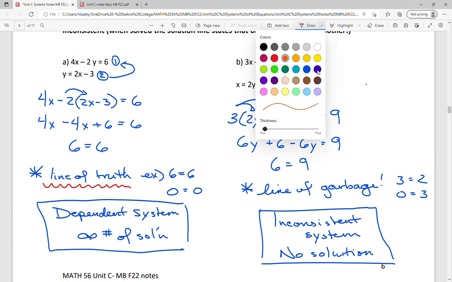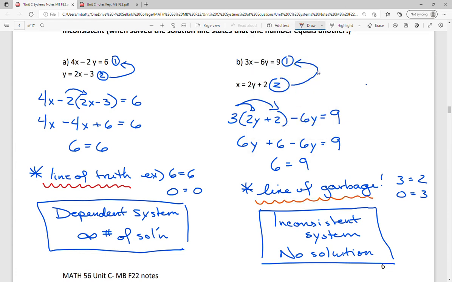So now, as we're using powers of algebra and this substitution approach, this is what you're looking for, those two other options. So we've got 4 more to do on the other page, and these are kind of a mixed bag. They may be a consistent system, they may be a dependent system, or they may be an inconsistent system.